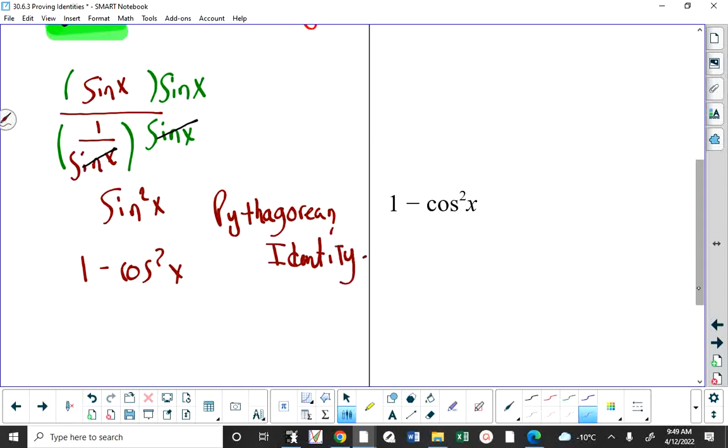Could I have left the left side as sine squared of x and then written the right side as sine squared of x? Sure. But since we were working on the left, why don't we just continue and roll with it on the left?